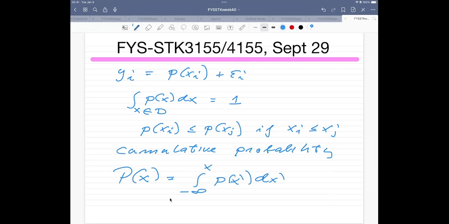So as an example, suppose now that x is defined between a variable a and a variable b, that's a domain. Often you will find x being defined from minus infinity to plus infinity, like a Gaussian. In this particular case, P of b is set to be equal to 1. Then with the probability, you can calculate expectation values as we discussed.